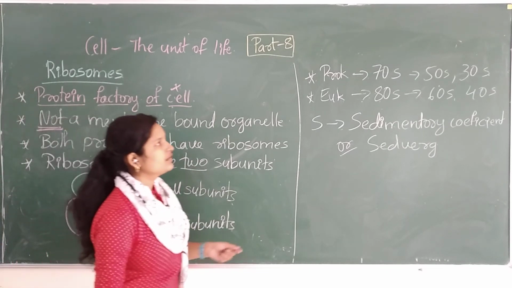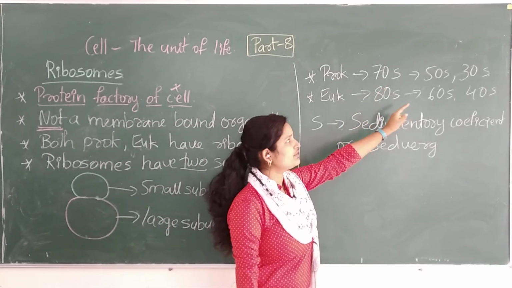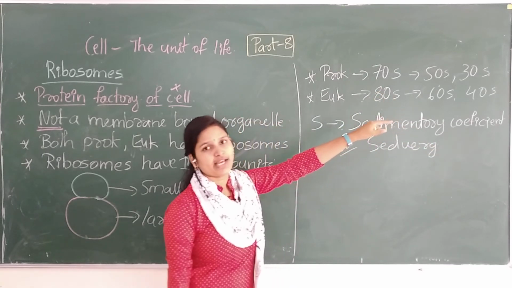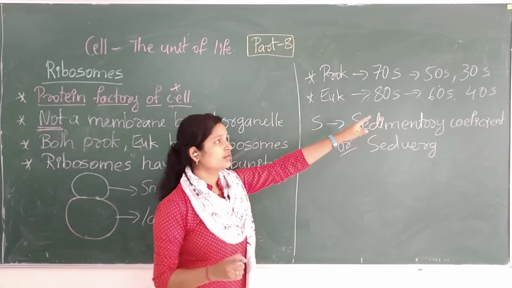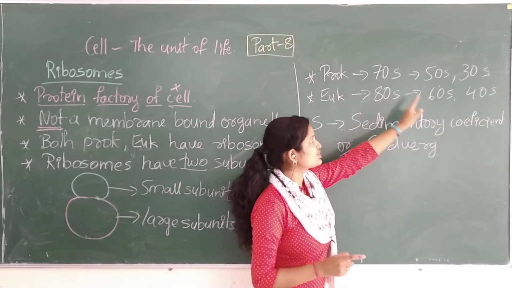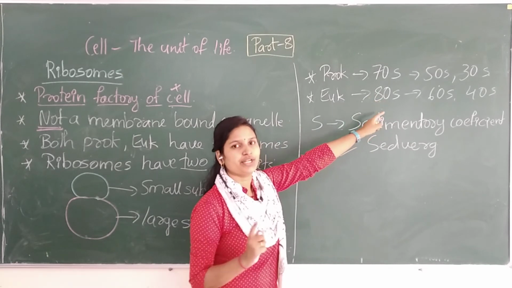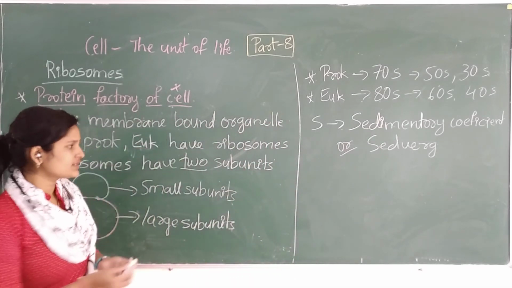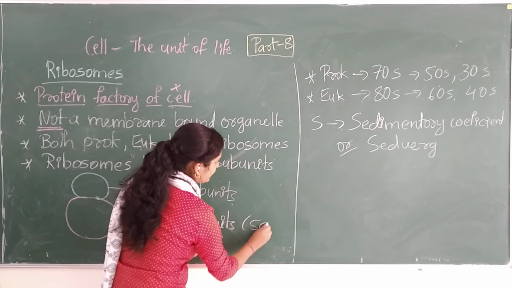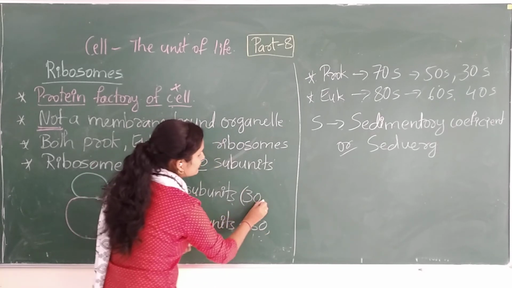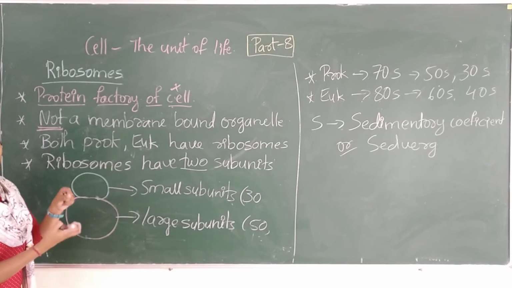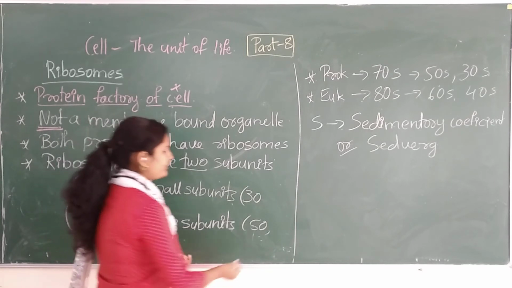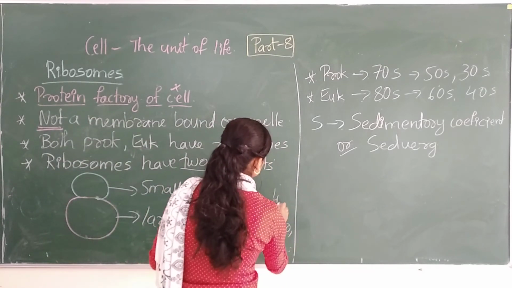Please remember, don't write that 70S is the large 50 plus 20. Don't do that. Don't combine these two and write 70S. No, it is not the case, because in prokaryotes this will be 50S, and the 30S ribosome subunit will come and bind to the mRNA. But in eukaryotes there will be 60S and here the 40S.